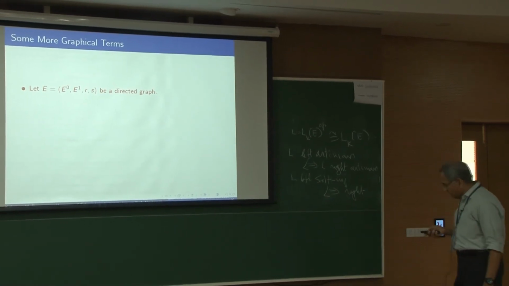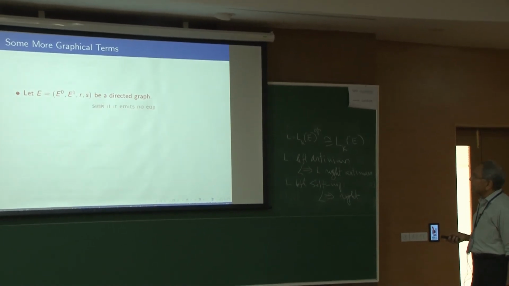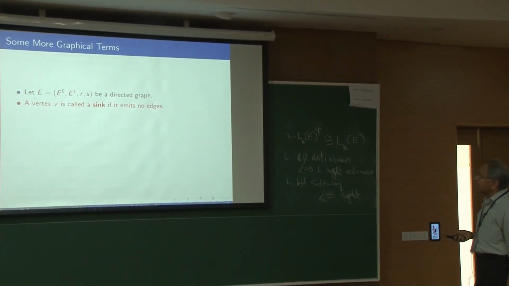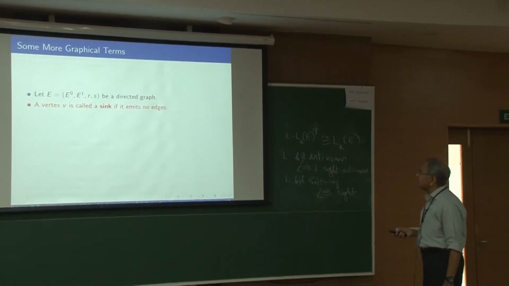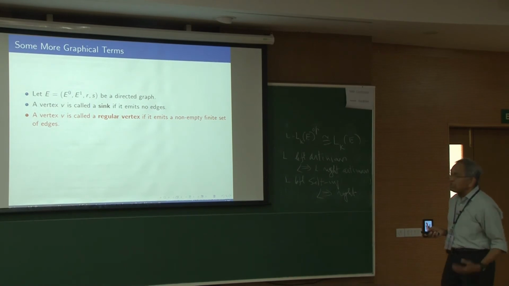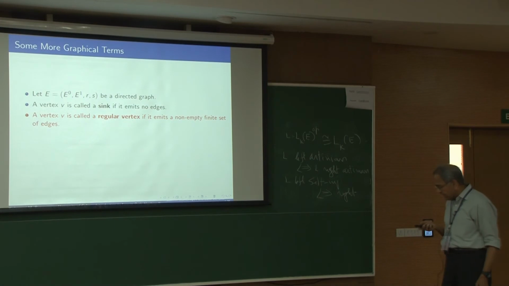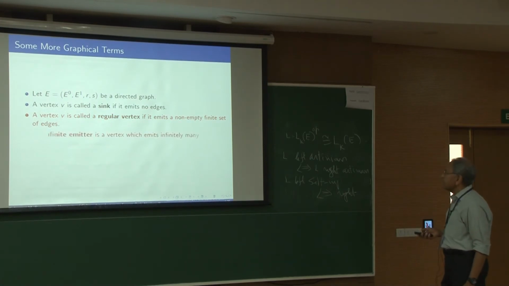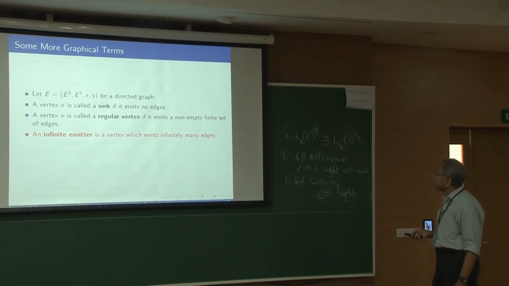Now we would like to have some more graphical terms before I proceed here. Just a quick run through all of them. If I have a directed graph, a vertex is called a sink if it does not emit any edges. It's called a regular vertex if it emits at least one but finitely many edges, and of course, if it's an infinite emitter, as the word already indicates, it emits infinitely many edges.